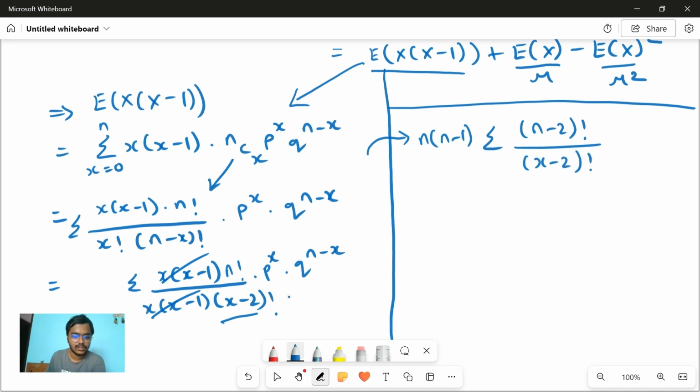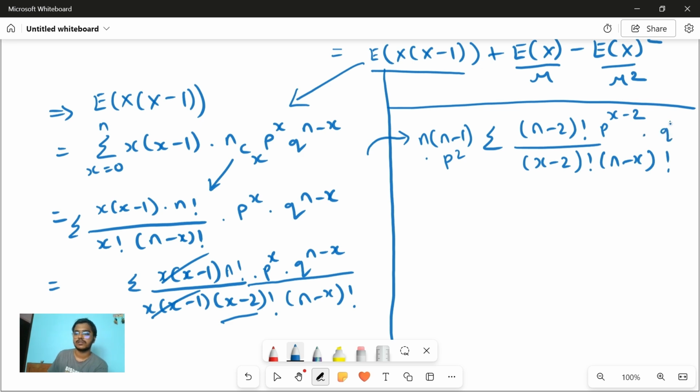Sorry, I forgot the n minus x factorial part. It is still there, so n minus x factorial. Now I want p power x, so I'll do it as p power x minus 2. So what will be taken out? p square, because p square into p power x minus 2 is p power x, right? Now q power n minus x stays. Similar to how we did the mean, do the variance also.